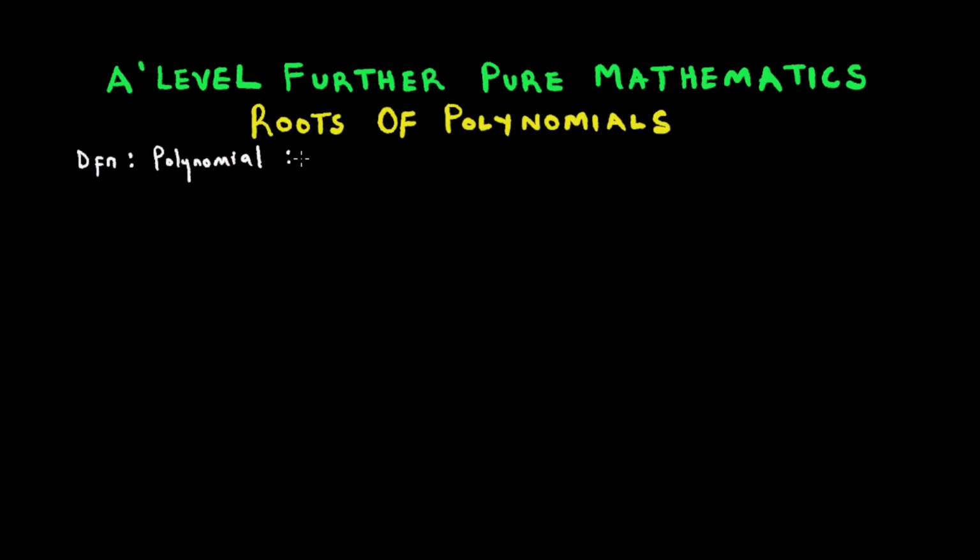So what are polynomials? There are many ways of defining polynomials, but one of the easiest and most easily understood ways is stating that a polynomial is an algebraic expression.